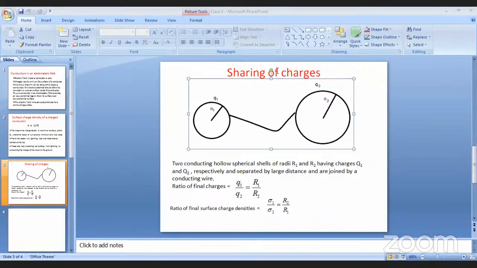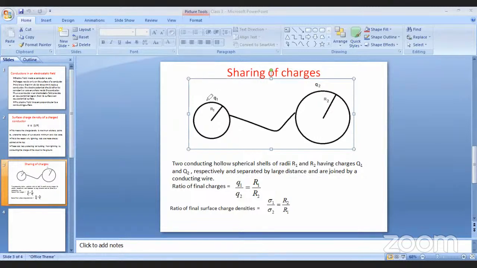Q1 is the charge given to this smaller spherical shell of radius R1, where R1 means capital R suffix 1. Here we have a bigger sphere with radius R2, and we have given it the charge Q2.